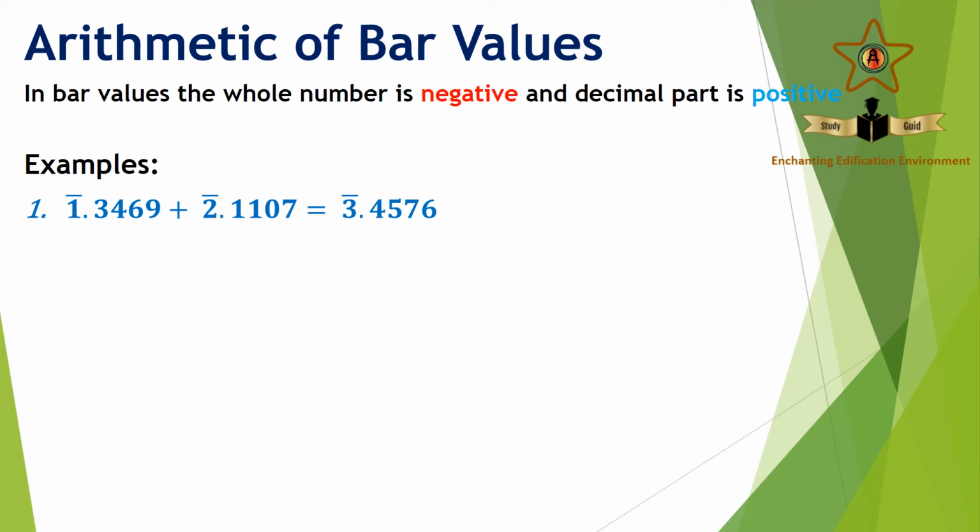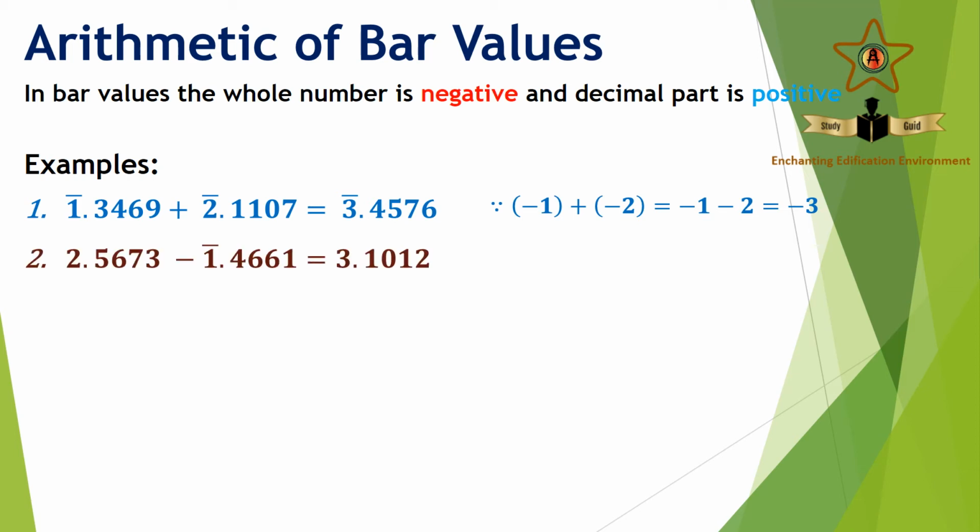Now we add decimals first. 9 plus 7 is 16. You put 6, 1 goes forward. 6 plus 1 is 7. 4 plus 1 is 5. 3 plus 1 is 4. Now we have bar 1 plus bar 2. That is minus 1 plus minus 2, which is minus 3. We write it as bar 3.